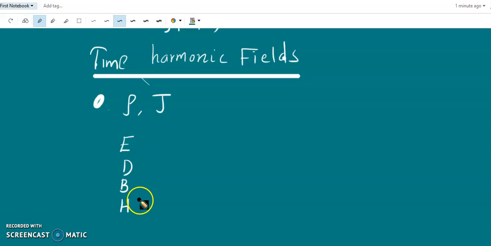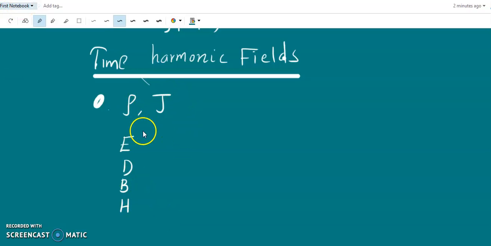The advantage of using the harmonic function is that any arbitrary periodic function can be expanded as a superposition of sinusoidal functions having different frequencies using the Fourier series method.